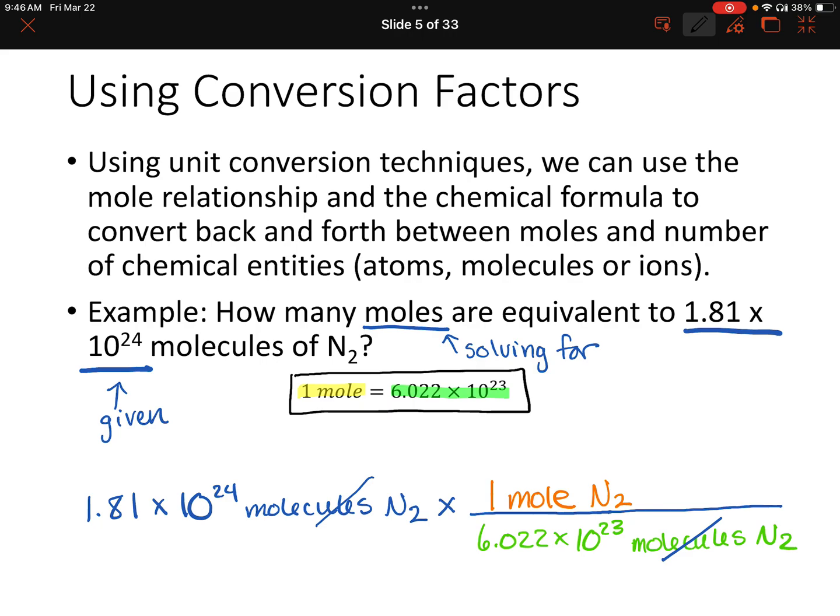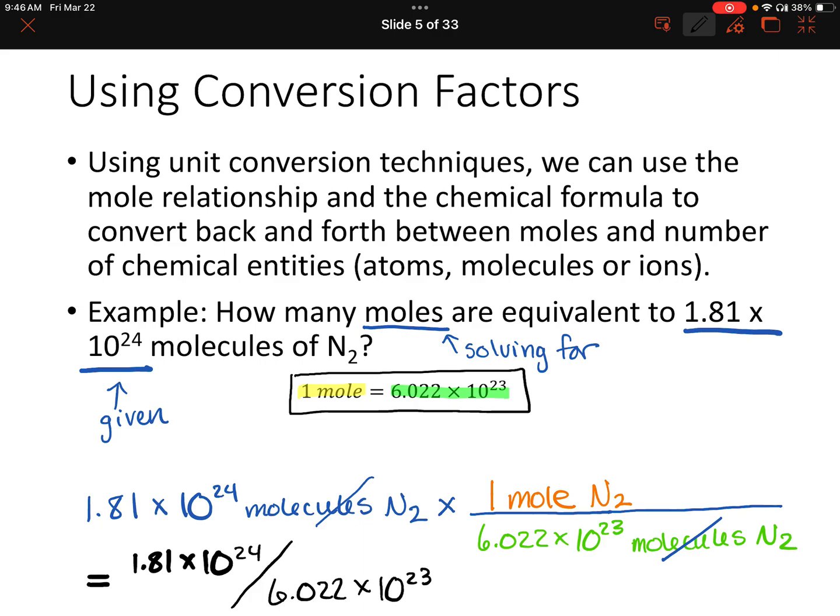All right, so now we can calculate the answer. If we simplify the numbers, this is 1.81 times 10 to the 24th divided by 6.022 times 10 to the 23rd.